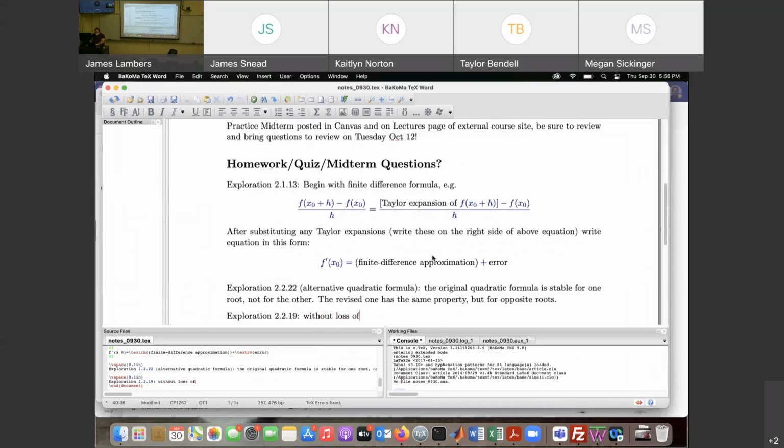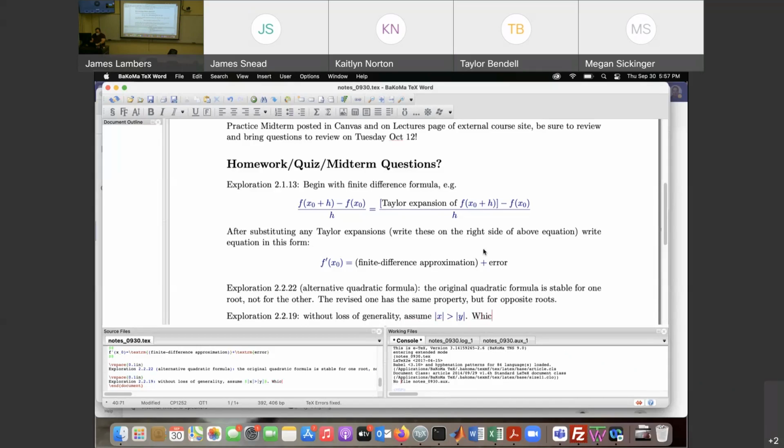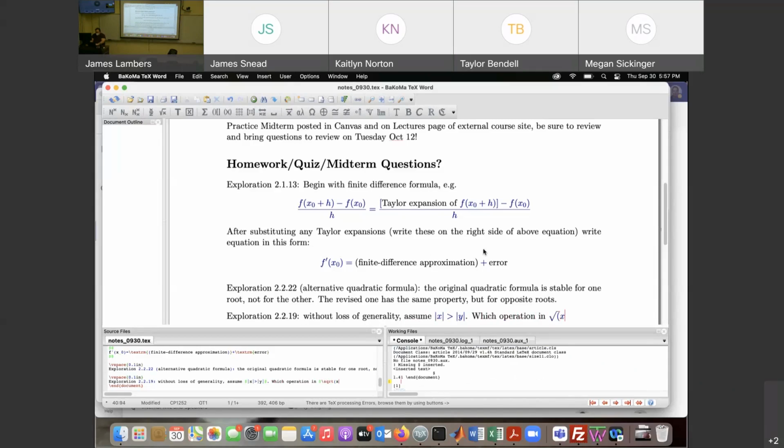I'm going to have you assume that x is the larger of the two numbers in the sum of squares. So with that idea in mind, which operation in the original expression as written, so what you're doing here is you're squaring x, you're squaring y, you're adding them, and then taking the square root of that.